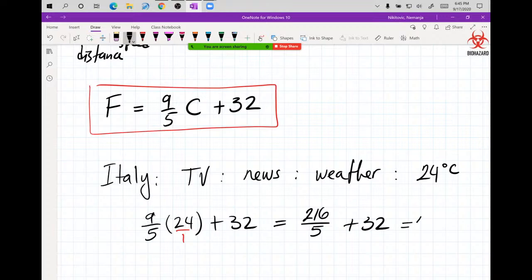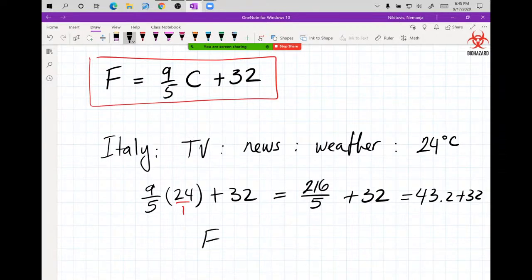And finally, add 32. And you see that the temperature is comfortable, right? 75 degrees. No need for a coat.